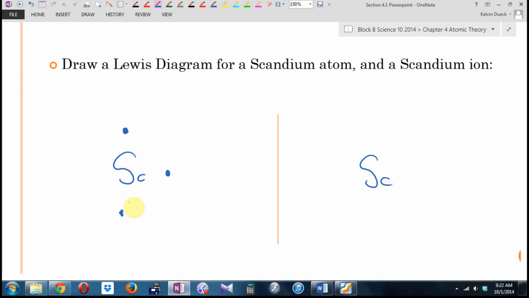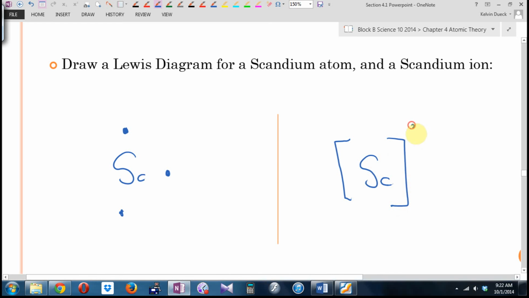None. So we're not going to draw any dots. But to show that it's an ion, we're going to bring in square brackets and put a little 3 plus. That way whoever's marking this knows I didn't forget to draw the electrons. It's actually an ion. It doesn't have an outer shell of electrons. And I'll say it again because it bears repeating: these are way nicer.